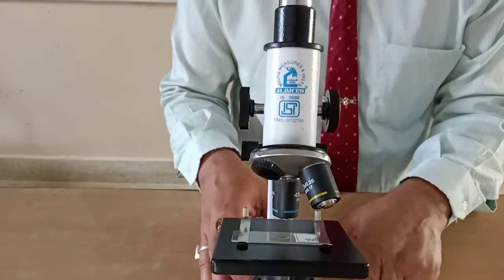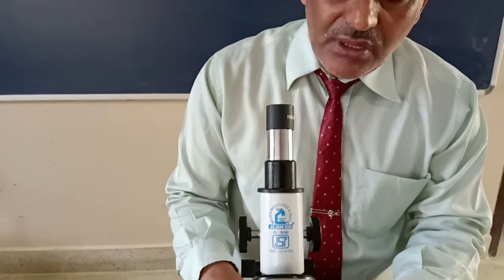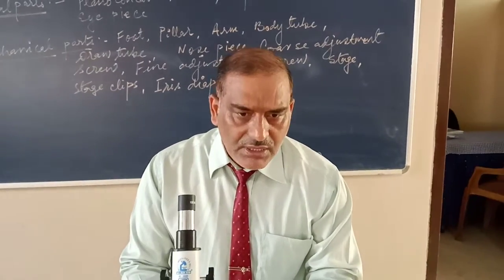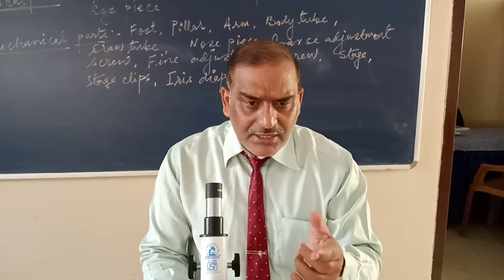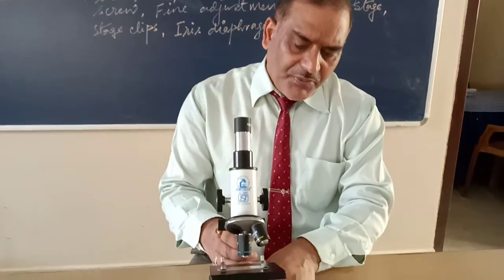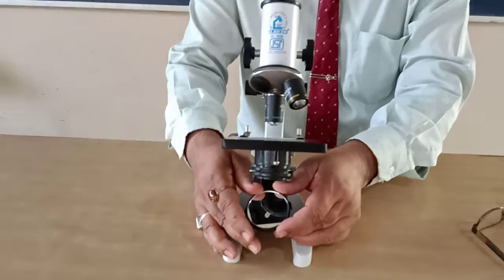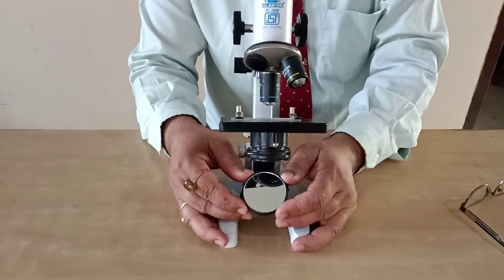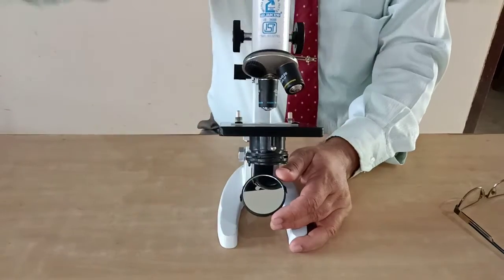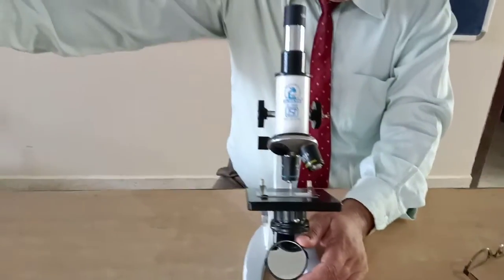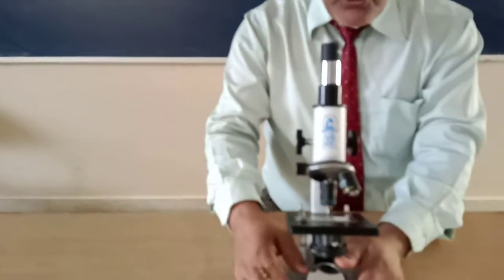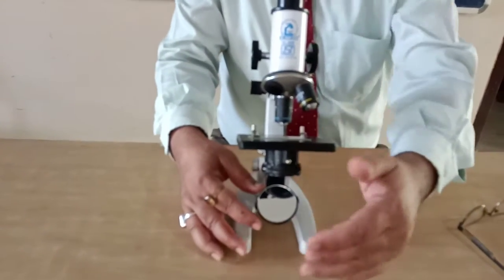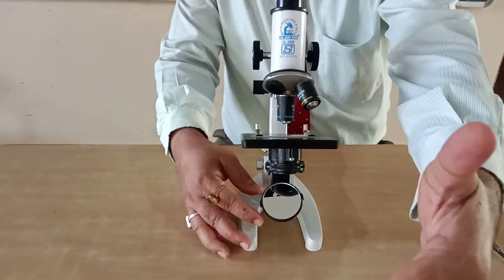So this is all about the structure and functioning of the compound microscope. Let me revise the functioning once again. First of all, we have to set this microscope in the direction of light, towards the window side. Suppose the window is in front of me and light is coming from this side.